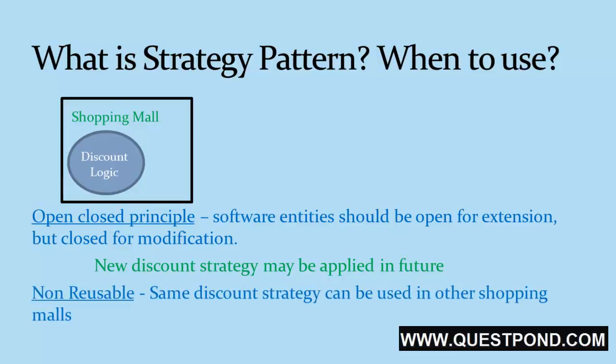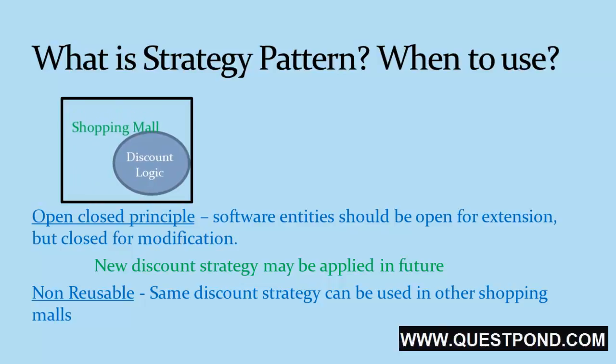Secondly, encapsulating discounting logic inside the shopping mall class makes discounting logic non-reusable. That means it's not possible to reuse the same discounting logic for some other shopping malls. So after considering these 2 points, we may come to a conclusion that approach 1 is not a feasible solution.